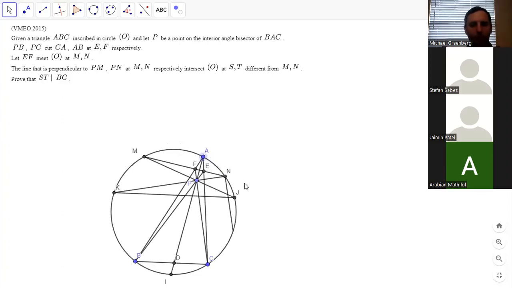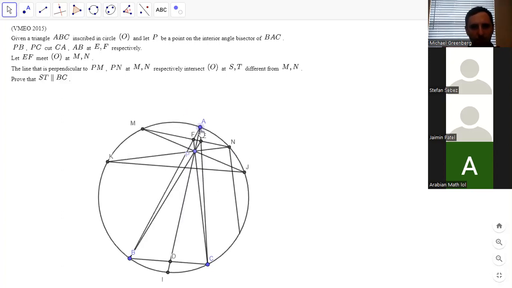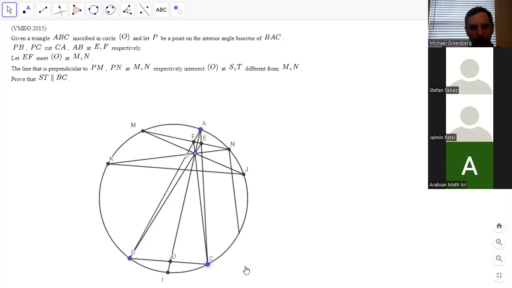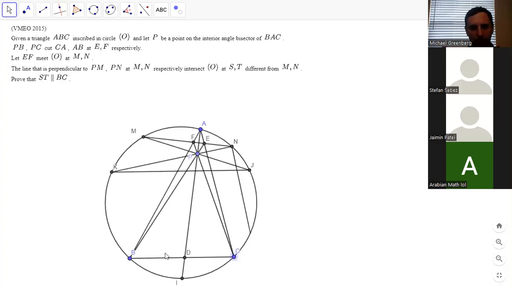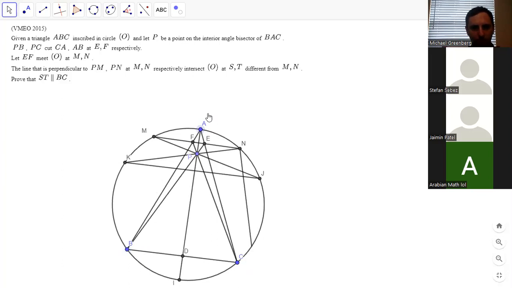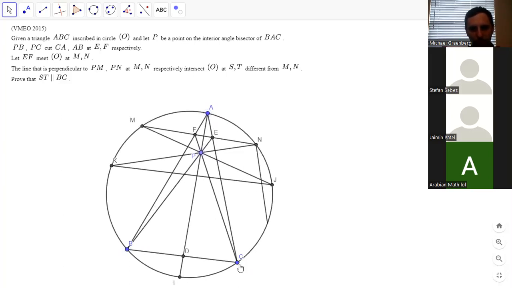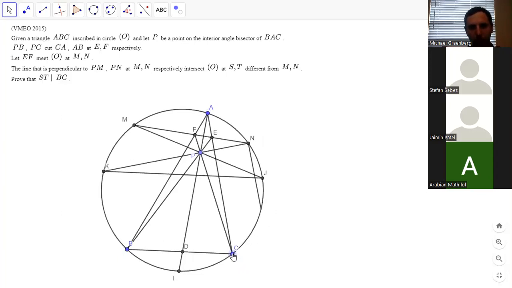Because yeah, that seems like a simpler way to state the problem, right? We can make it a little bit wider of a triangle. And I can hide this.